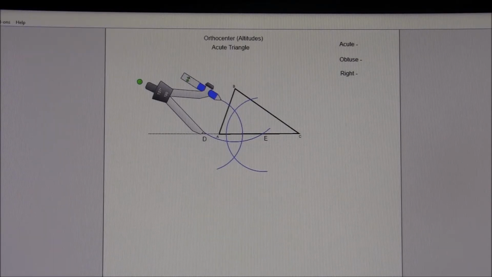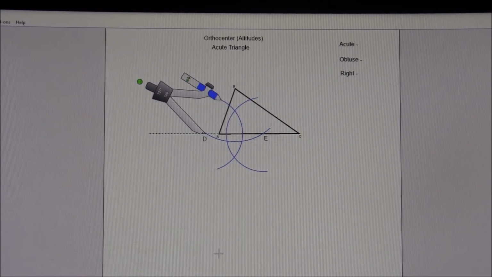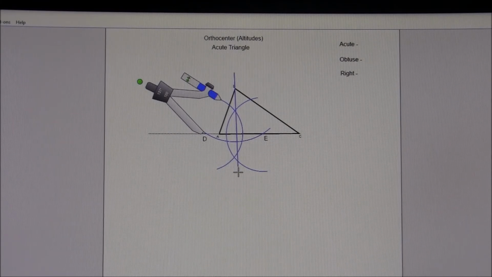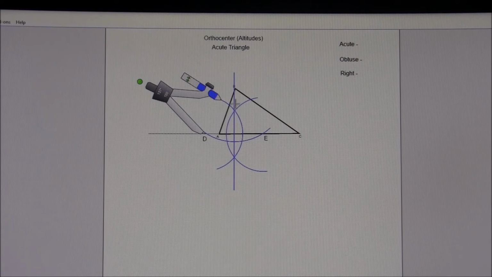And now we should be good. You see it? This is from the vertex right here, makes a 90-degree angle. So I'm going to call that F. Okay.